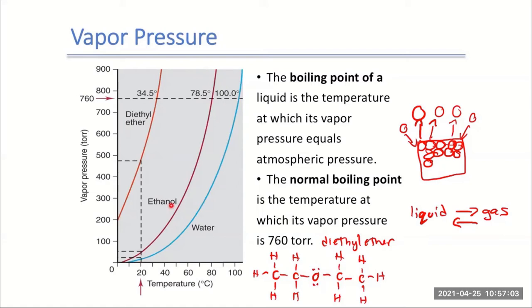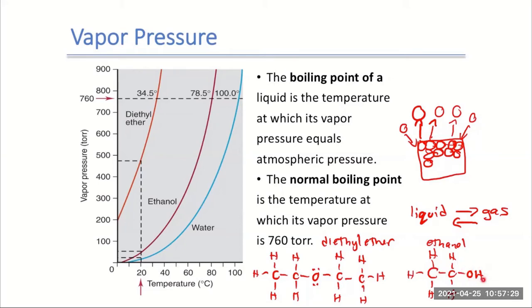Compare that to something like ethanol, which has a structure shown here. In our ethanol, we can see I still have the carbons and hydrogens, just like my diethyl ether. But now the big difference, I have an OH.